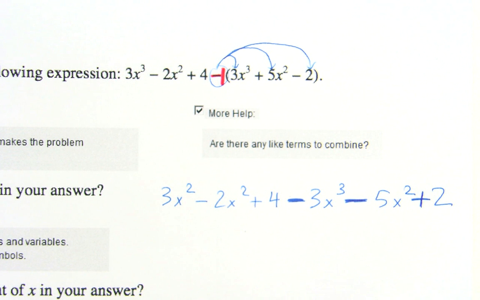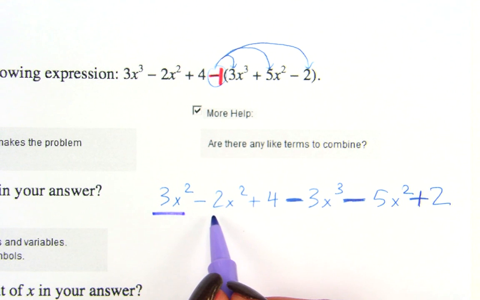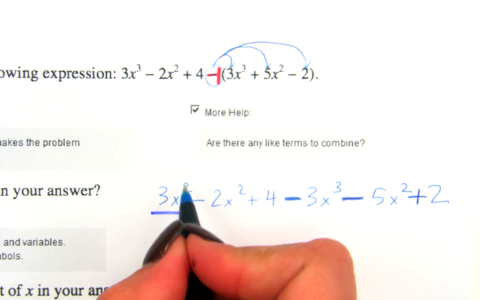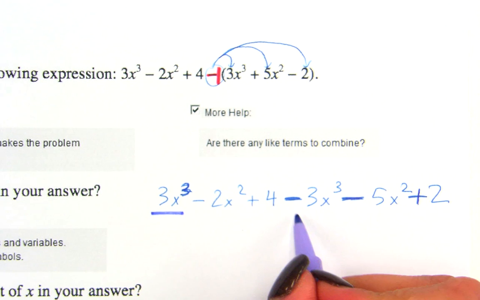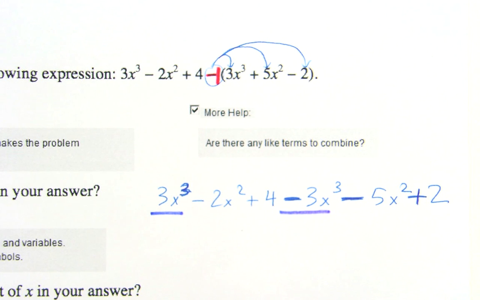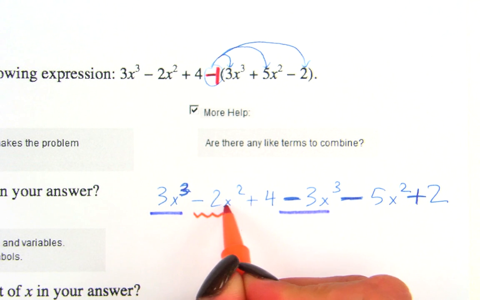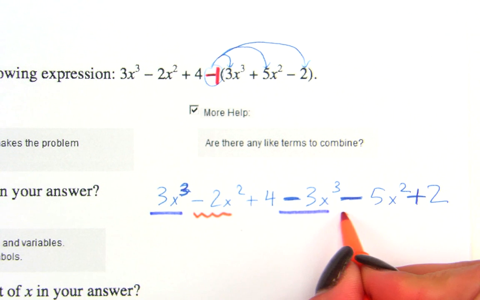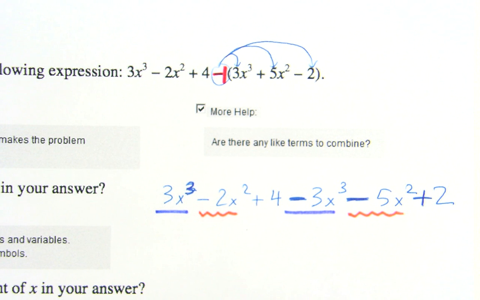And then gather like terms. Match up your variables, the ones that are supposed to go together. There's an x squared. I'm sorry, x to the third. There you go. X to the third, negative x to the third, right? You have a negative 2x squared, you have a negative 5x squared, and then you have a 4 and a 2.